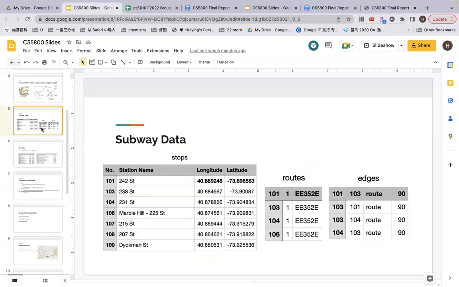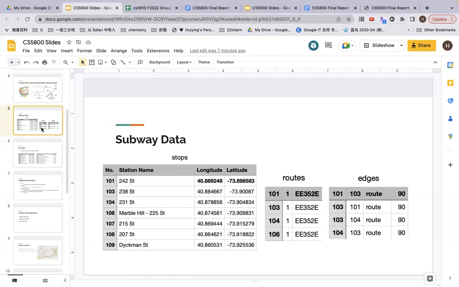Next slide. Yeah. So based on the idea I just discussed, we can have the subway data organized like this. Each station will have a number to identify itself, like the first station of line 1, the 242 Street.